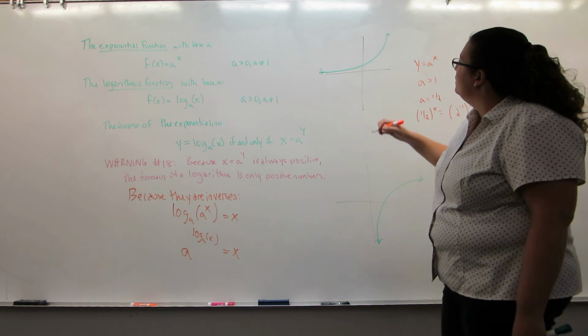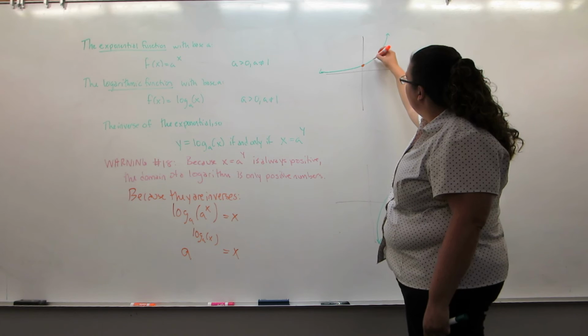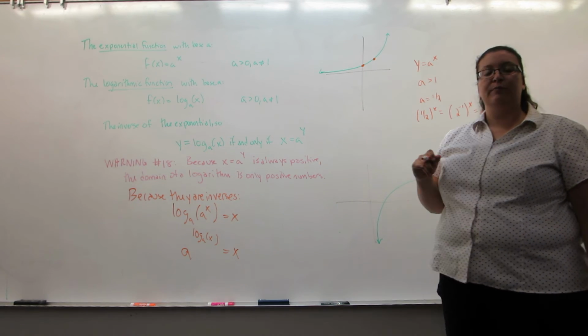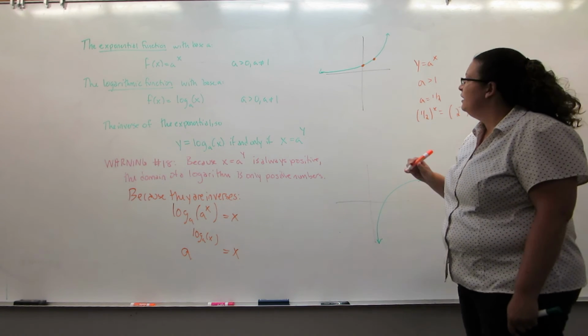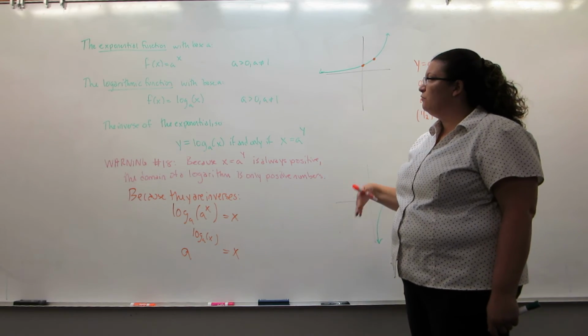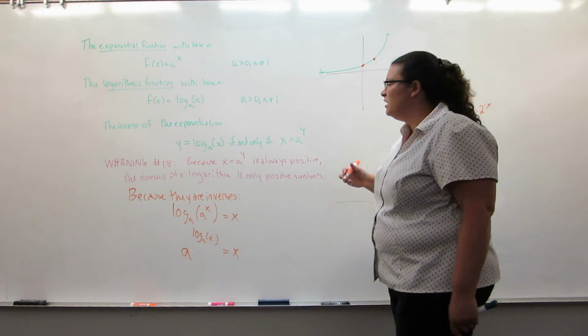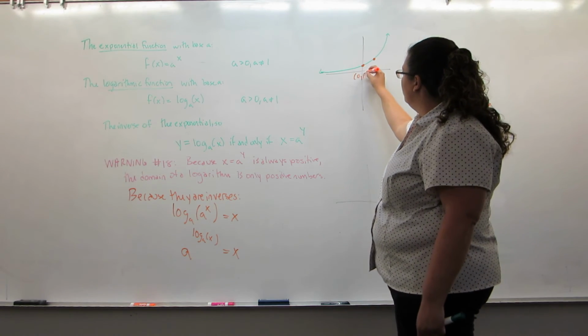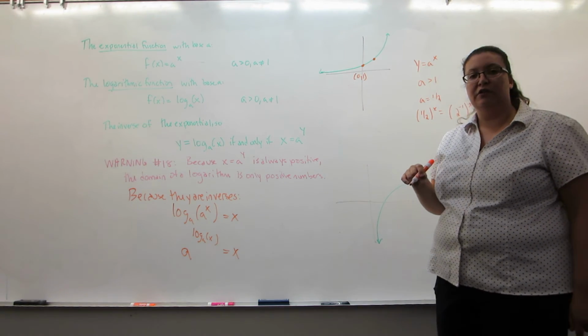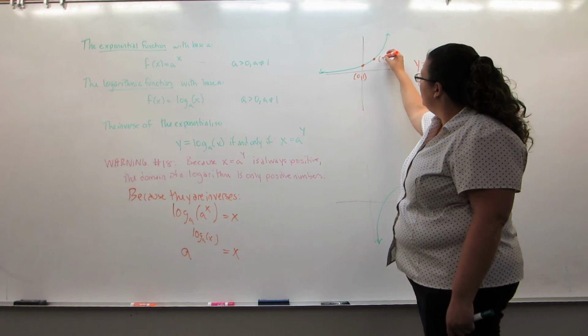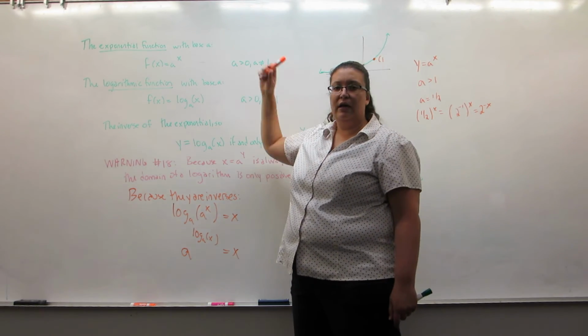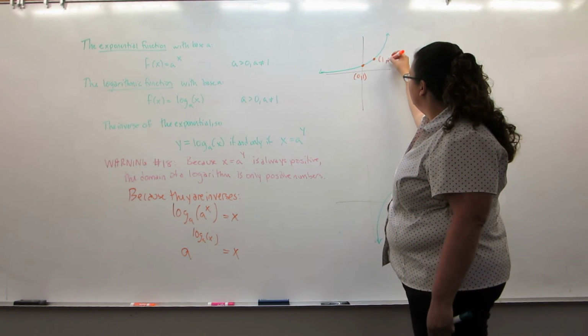Now, there are two special points that every exponential function has. If you plug in x equals 0 to an exponential function, I get a to the 0, and anything to the 0 is 1. So every exponential will go through the point (0, 1). And if you plug in x equals 1, you get a to the 1, which is just a.